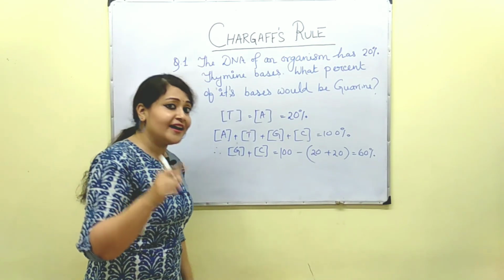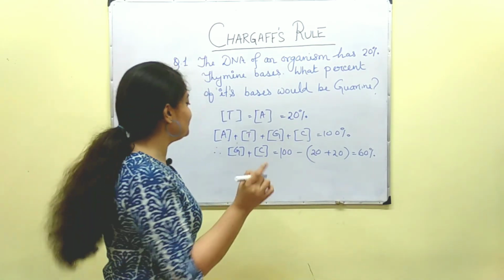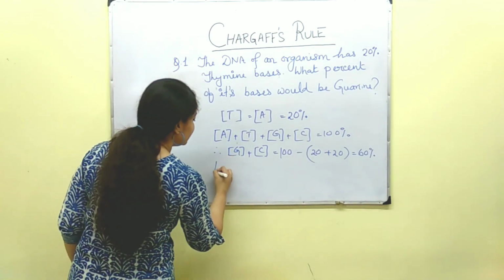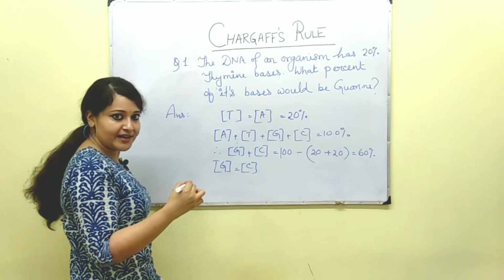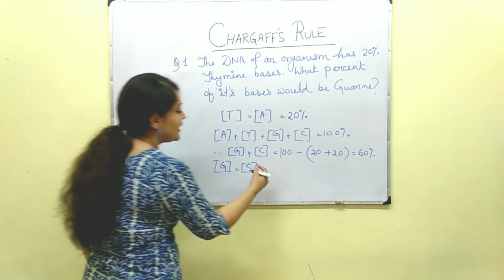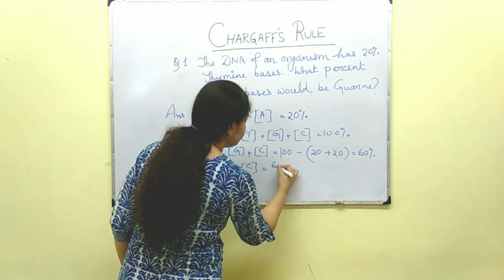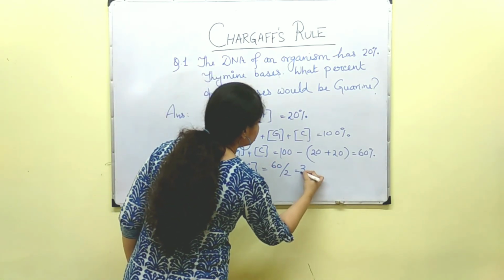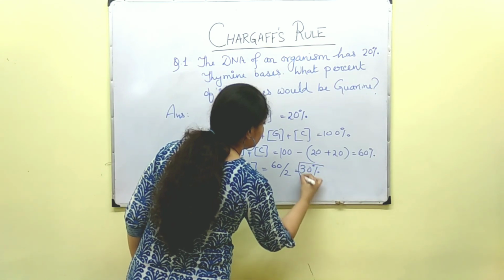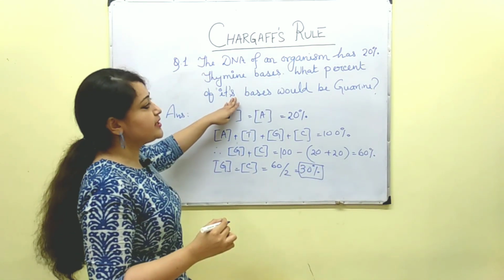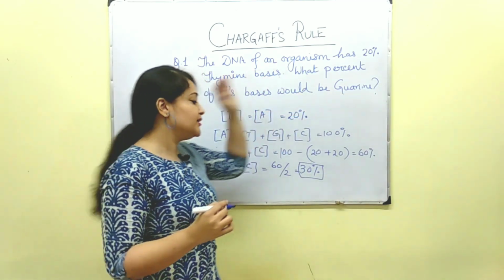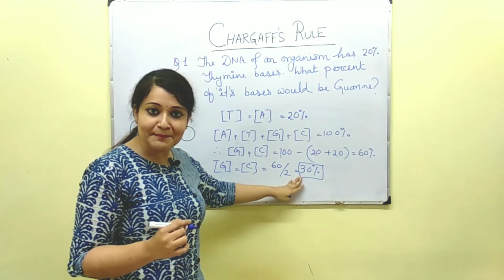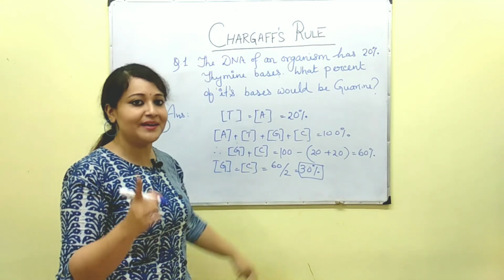Now see, again by Chargaff's rule, the percentage of guanine is equal to cytosine, right? So guanine and cytosine both will be equal to 30%. And in the question it has been asked, what percent of its bases would be guanine? So the answer would be 30%.